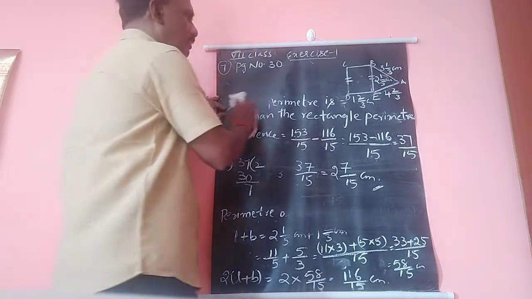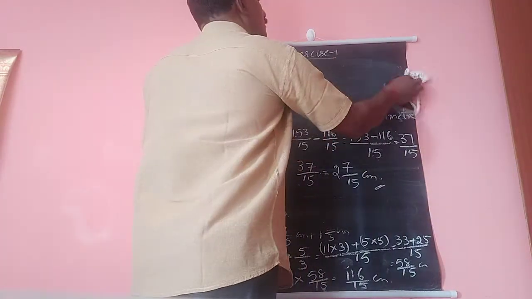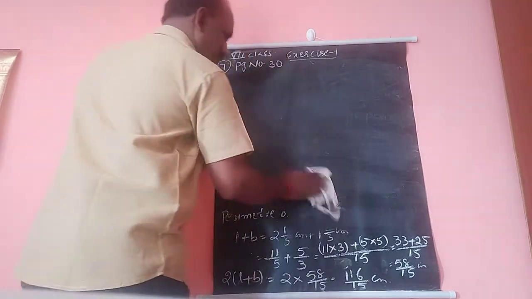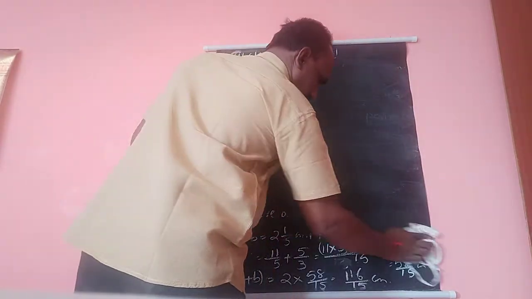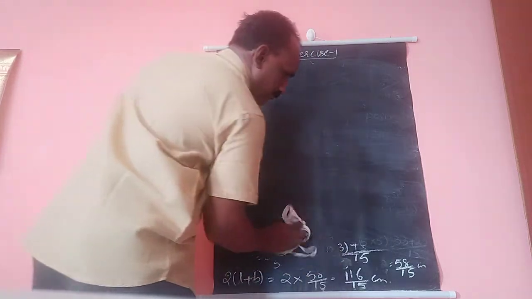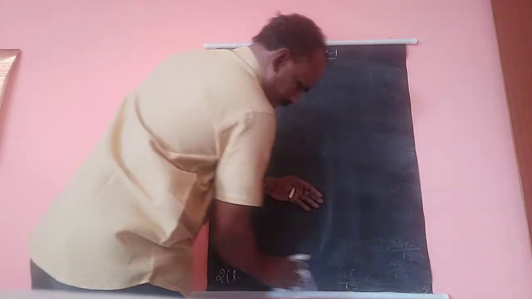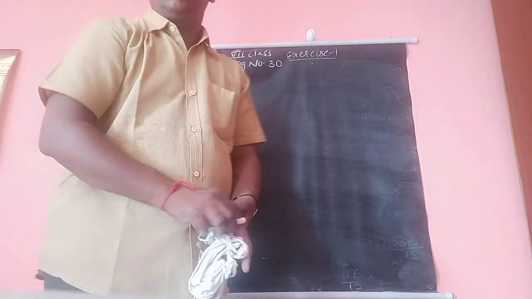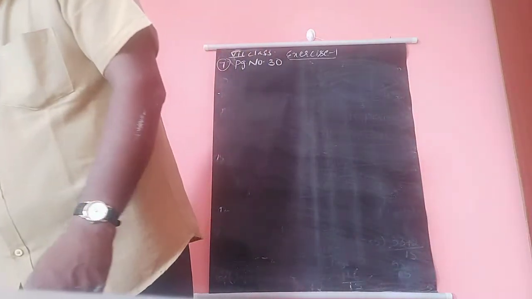Okay, children. Now the second one. Okay, children, this exercise is finished. Now there are some example problems.